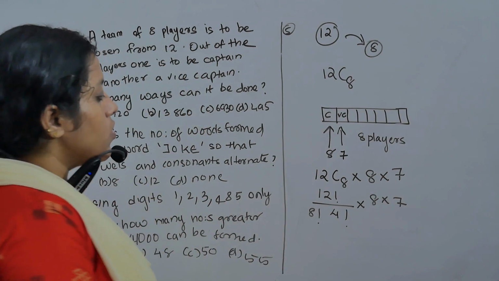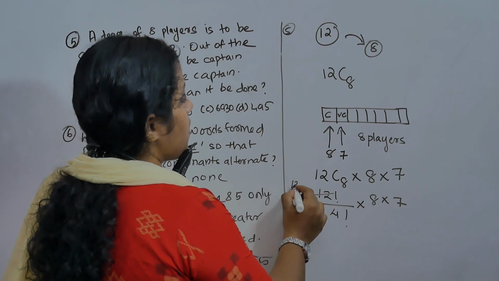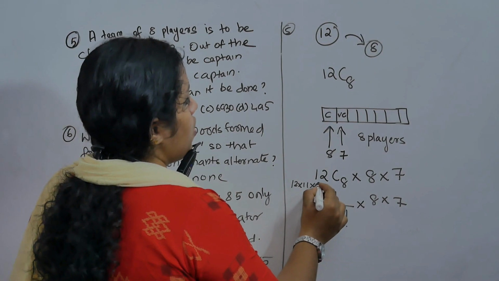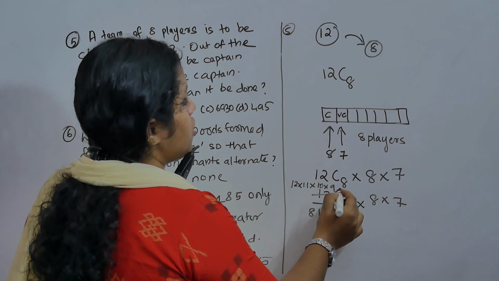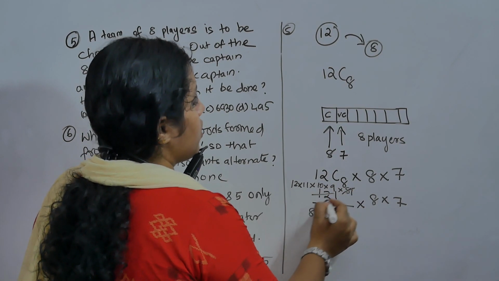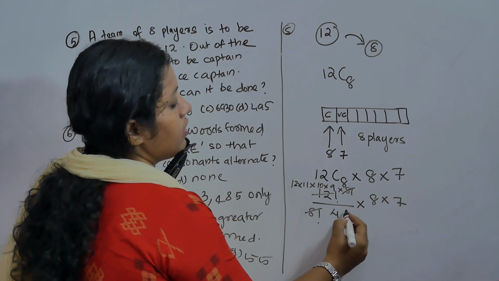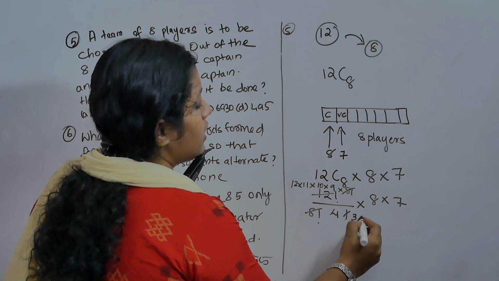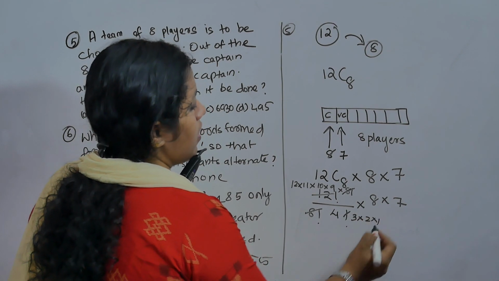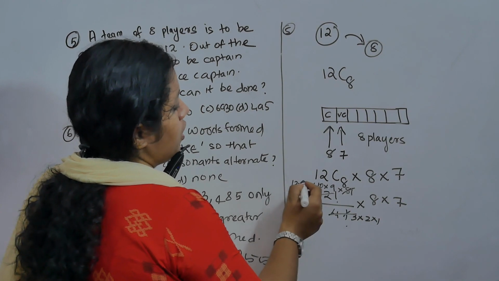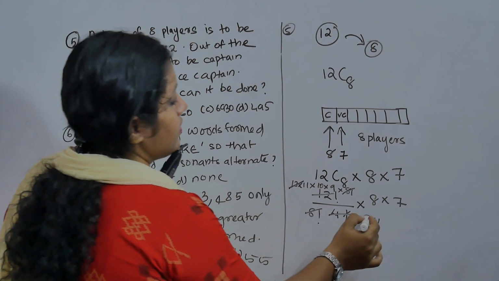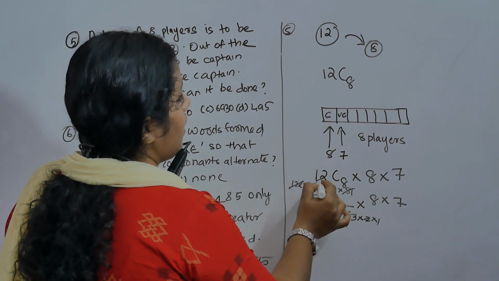Clear? So 12 factorial means 12 into 11 into 10 into 9 into 8 factorial. So that is gone. 4 factorial is 4 into 3 into 2 into 1. So 4 into 3, 12 again gone. Then we'll have 5.